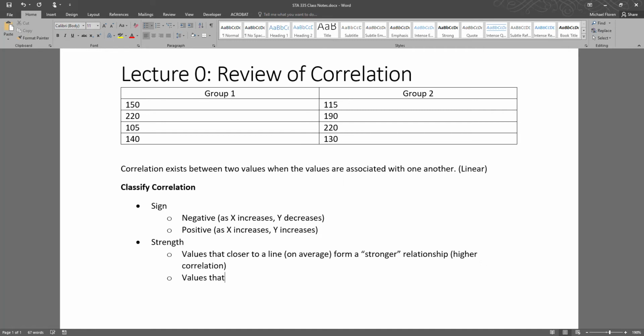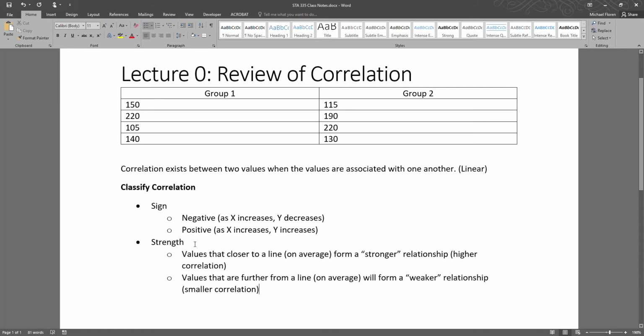Values that are further from a line, on average, will form a weaker relationship. Smaller correlation.